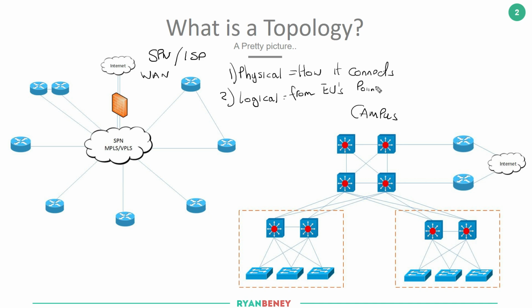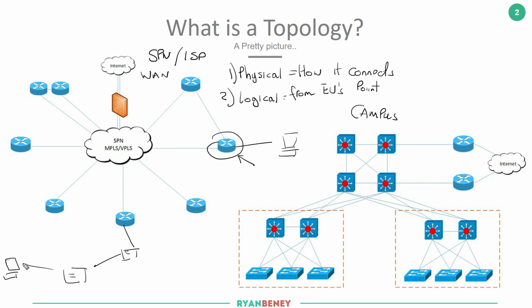So if we look at this diagram down here, for example, let's say this particular router had a switch connected off the back of it, and off that there's another switch, and off the back of this switch there's a PC, and over here there's a PC directly plugged into this device. And then let's also think that this device here is completely geographically separated.